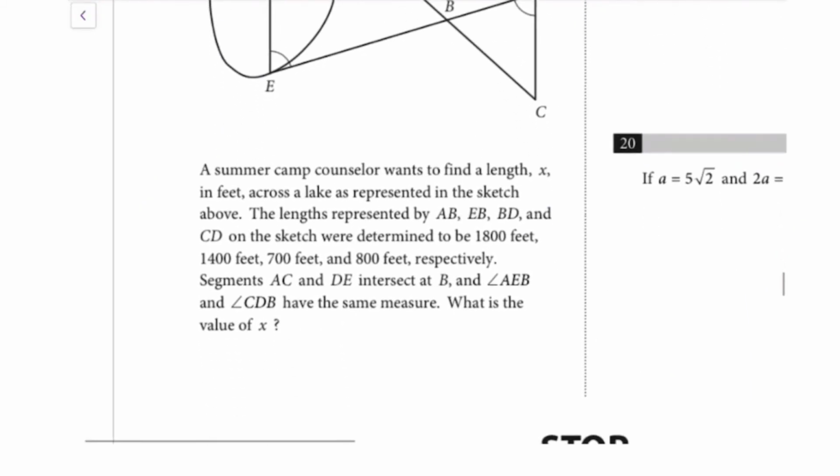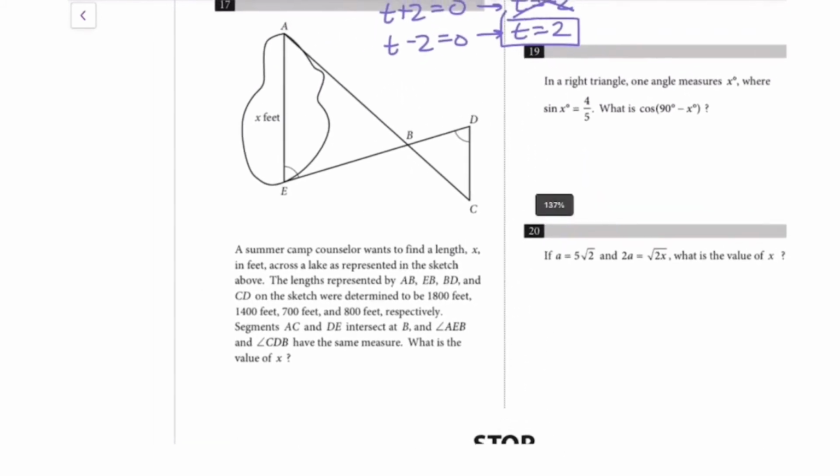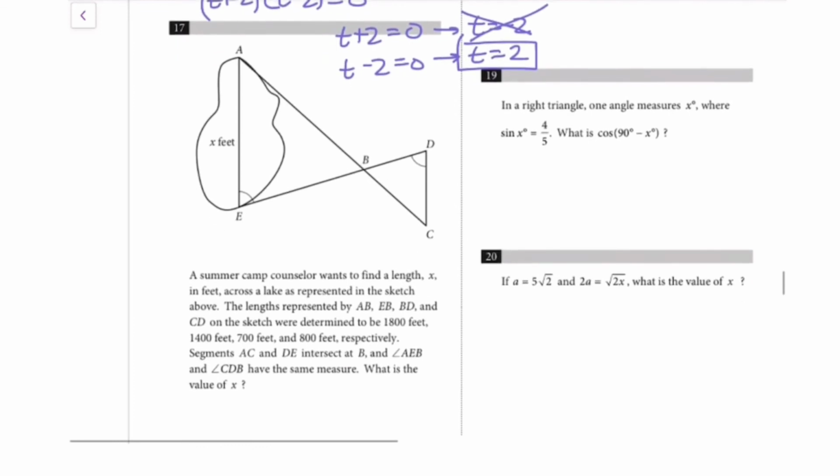Question 17. A summer camp counselor wants to find a length x in feet across a lake as represented in the sketch above. Let me just zoom out. The lengths represented by AB, EB, BD, and CD on the sketch were determined to be 1,800 feet, so AB is 1,800.